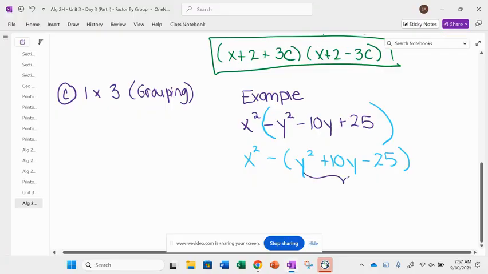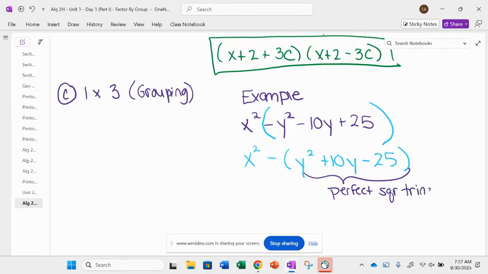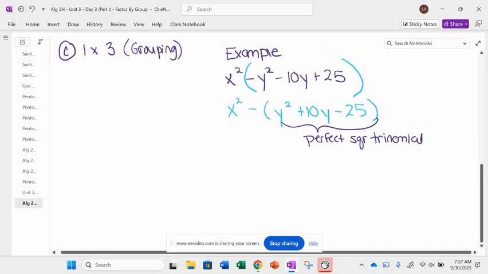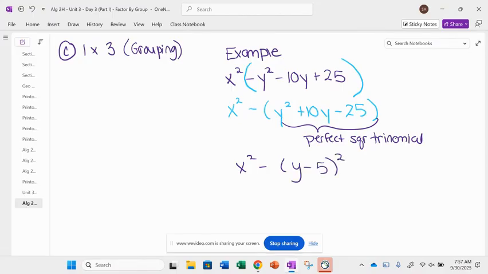This ends up becoming a perfect square trinomial. So when we factor this, we're going to have x squared minus y minus 5 quantity squared.